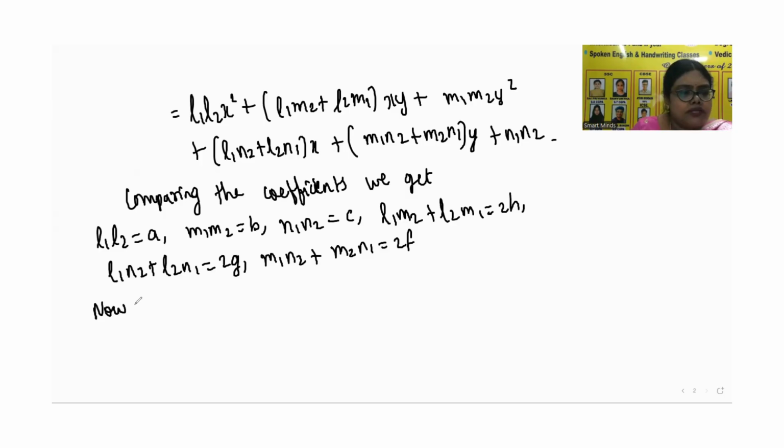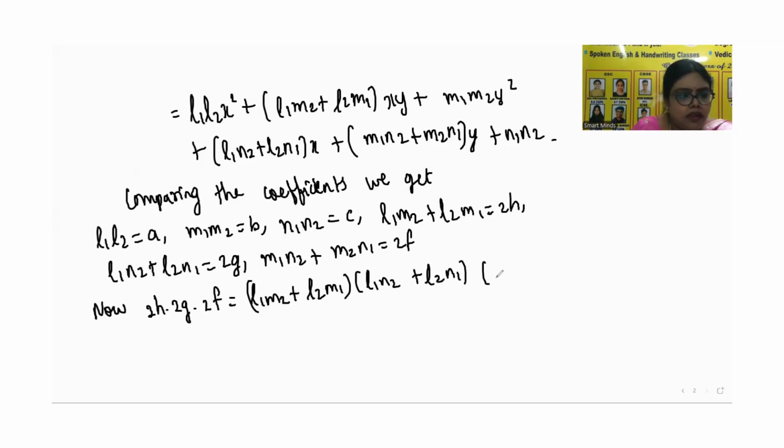Now what we will do is, we will take 2H into 2G into 2F. So we will get L1 M2 plus L2 M1 into L1 N2 plus L2 N1 into M1 N2 plus M2 N1.